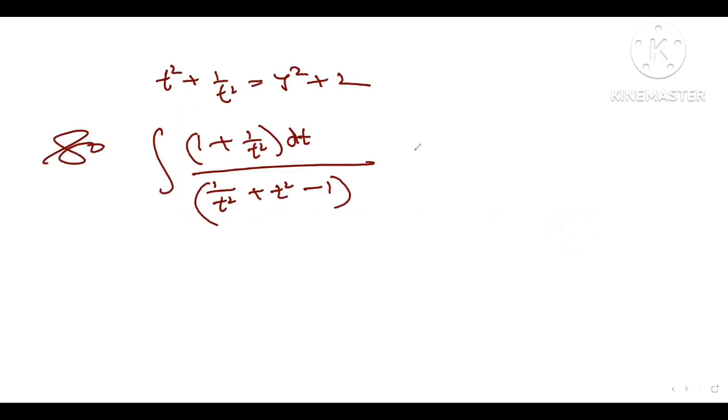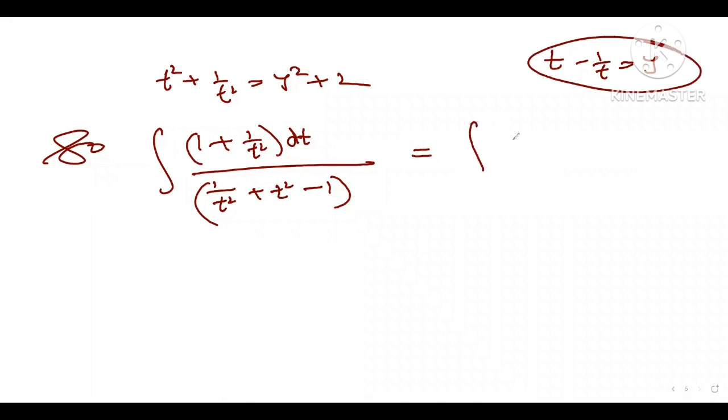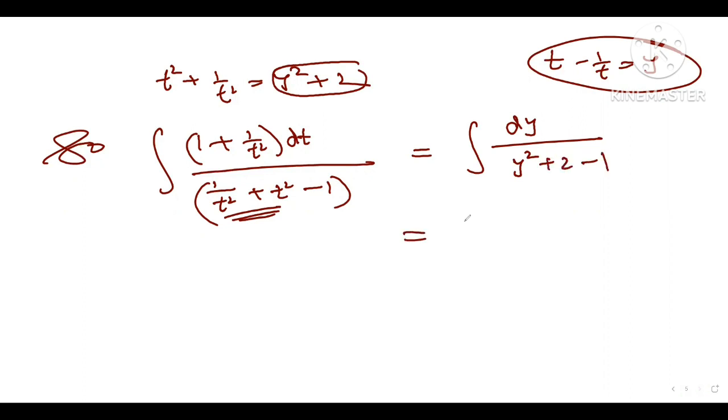If t minus 1 by t is equal to y, then the numerator will be dy, and by here 1 by t square plus t square, we have got y square plus 2. Y square plus 2 minus 1. What do we get here? Dy by y square plus 2 minus 1, which is y square plus 1.